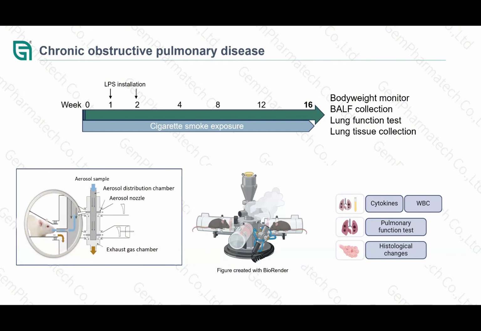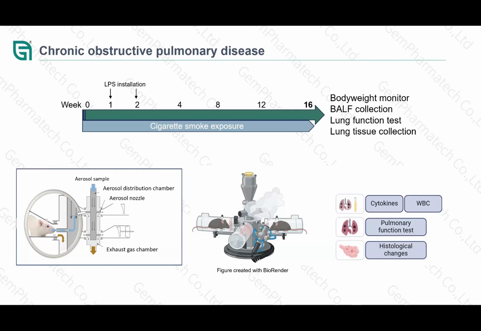And the second point is that when we use the nose-only exposure, it can prevent uneven exposure caused by the mice huddling together, which means if the mice are in the whole body chamber, they will huddle together when we expose the cigarette smoke to the mice.